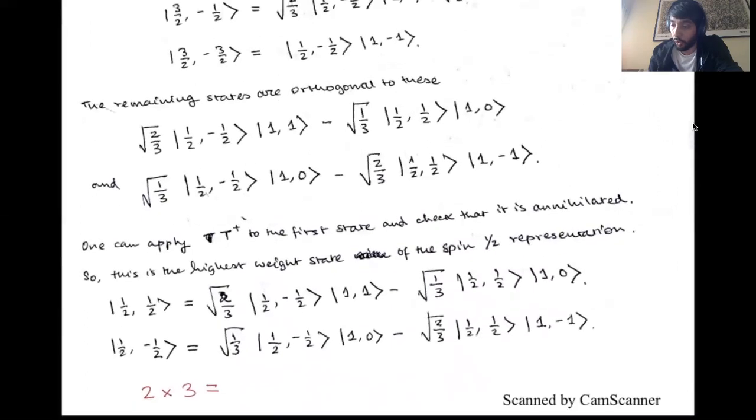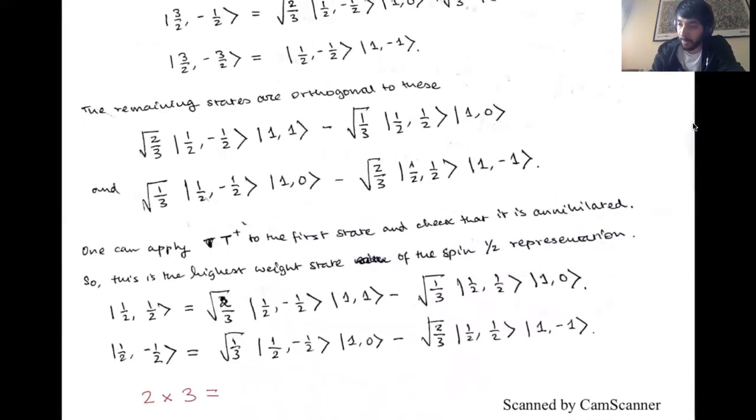That is a 4-dimensional representation, the spin 3 halves. And you have also found a spin half here at the end of the day, so that's 2. So you have shown that 2 cross 3 is 4 plus 2.